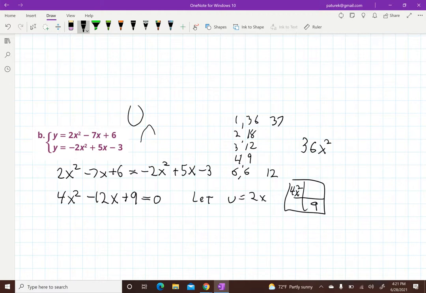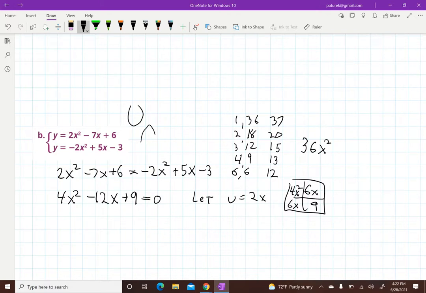So that's ruled in. 4 and 9 is 13. 3 and 12 is 15. 18 and 2 is 20. So I'm going to say 6x and 6x go here.